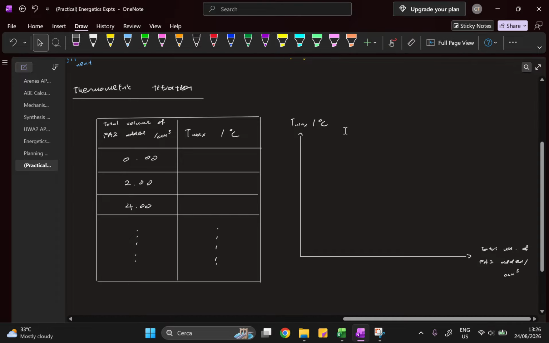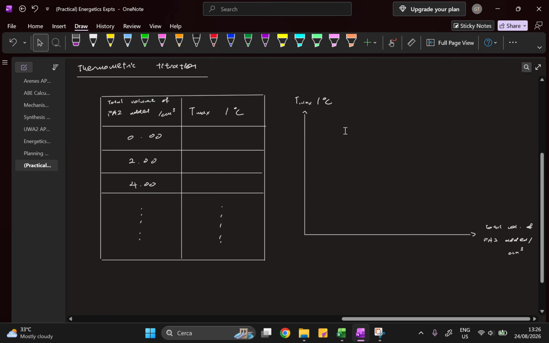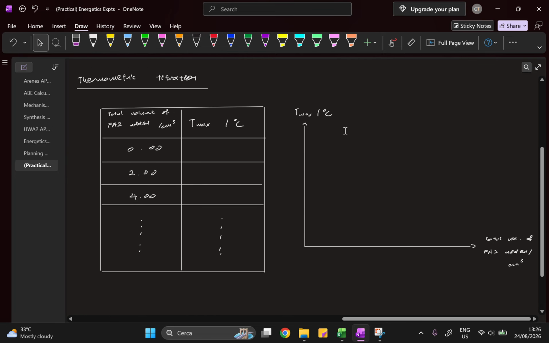But in a thermometric titration, one difference, other than the fact that I got a thermometer, the other difference is instead of a conical flask, what do I use to perform my titration? Depending on the practical, they may ask you to just use a styrofoam cup and put in a 500 cm³ beaker.